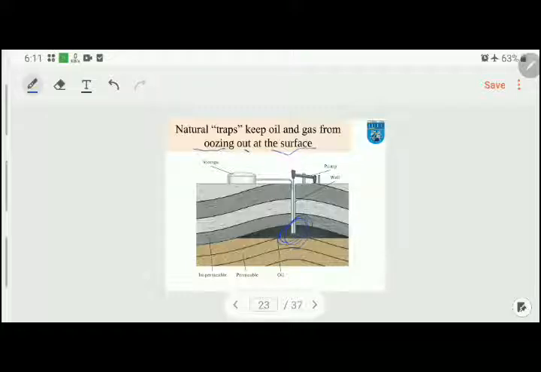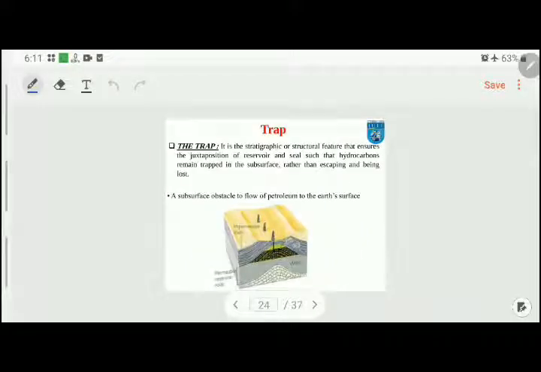Natural traps keep the oil and gas from oozing out to the surface, just like this. We have here natural traps, so that the oil does not escape to the surface. So the trap is the stratigraphic or structural feature of the earth that ensures the juxtaposition of the reservoir and the seal, such that hydrocarbons remain trapped in the subsurface, rather than escaping or being lost in other or adjacent layers.